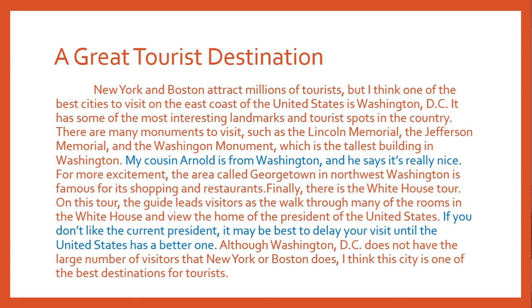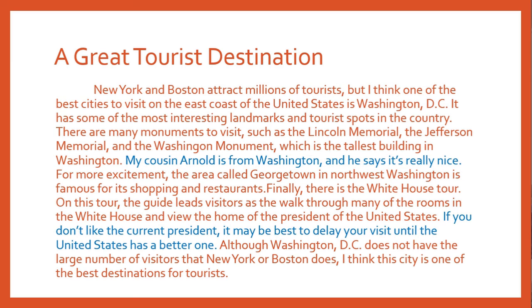The two sentences that I've added, which have nothing to do with the topic at all, are highlighted here in blue. So, my cousin Arnold is from Washington, and he says it's really nice. This is vaguely related to the idea that the paragraph is about Washington, D.C., and that it's one of the best cities to visit, but this doesn't actually provide a reason.